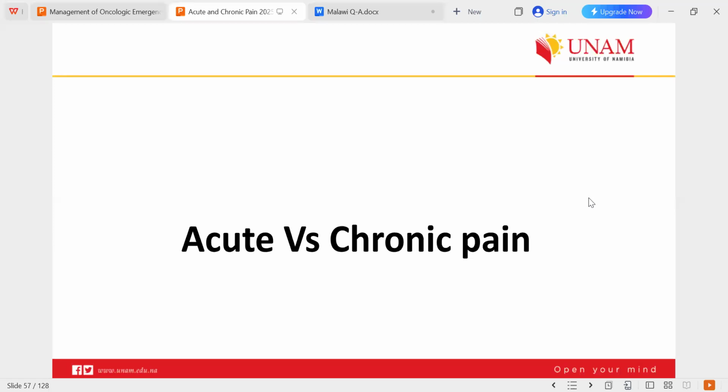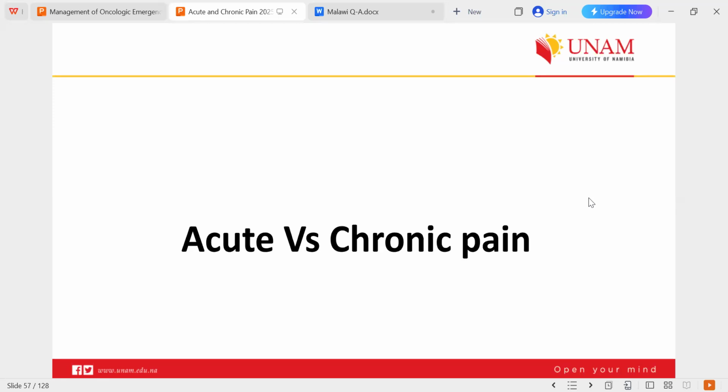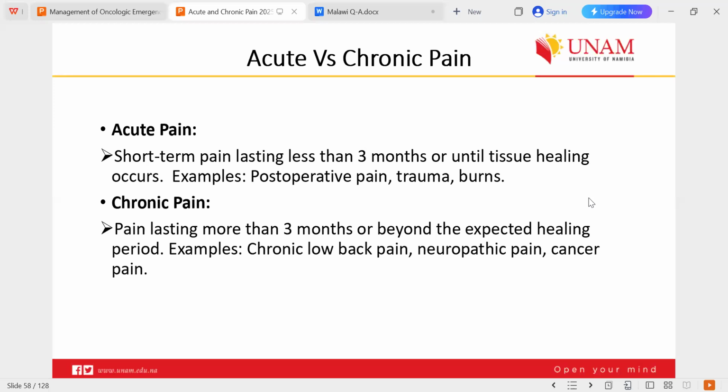Okay, I think we have 7 minutes. Let me quickly talk about this so that we can ask some questions. So we talked about the definition of acute and chronic pain. We did say that pain can be categorized based on duration. So we have the short-term pain, which is acute pain, lasting less than 3 months or until tissue healing occurs.